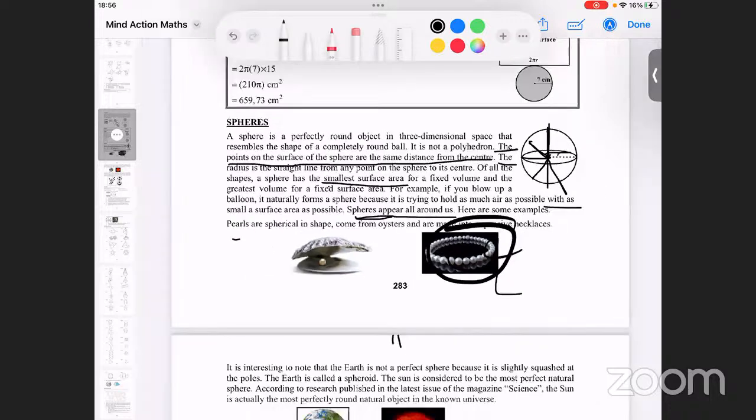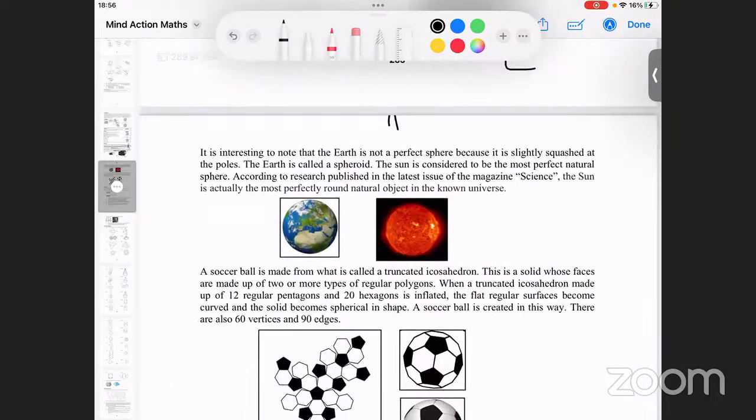It is interesting to note that the Earth is not a perfect sphere because it is slightly squashed at the poles, right? The Earth is called a spheroid.